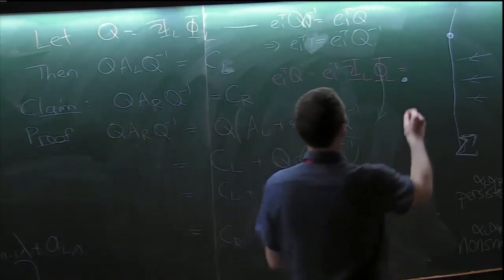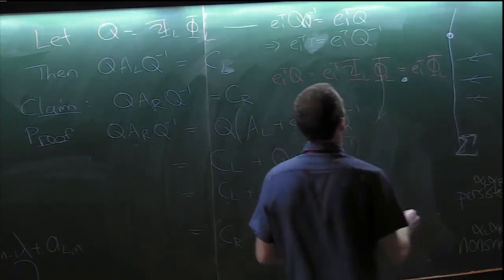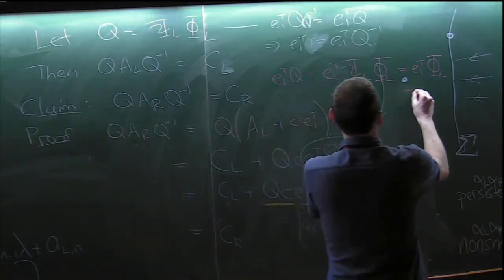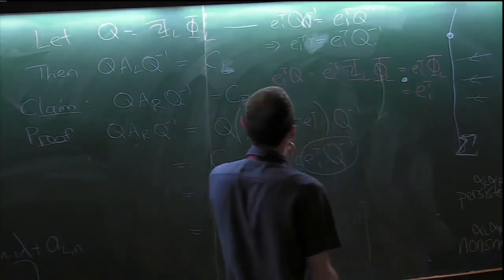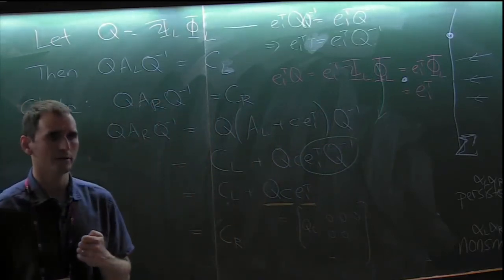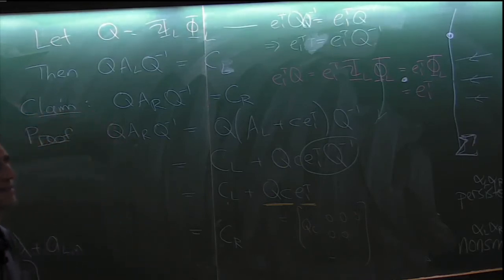The first row of psi is E1 transpose, so E1 transpose phi. And then the same thing again. The first row of phi is E1 transpose. I suppose I left out a step when I was doing it. Thank you. Any other questions?